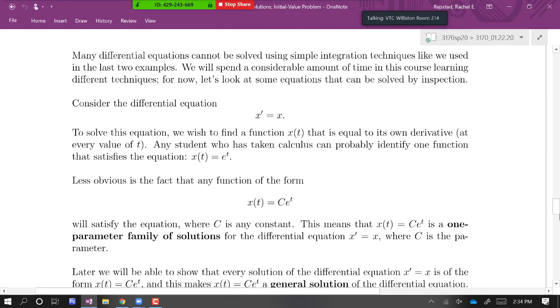And a bulk of our time in this course is just going to be how do we solve different kinds of differential equations, identify what we know a family of functions ought to look like, and then find a particular solution.